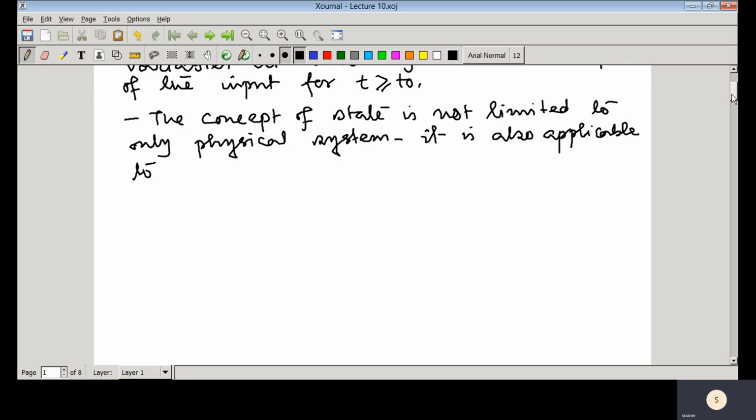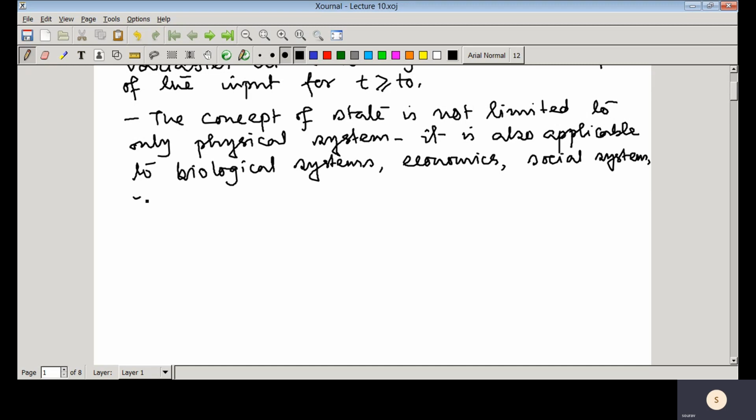It is also applicable to biological systems, economics, social systems, etc. You may think that state variables should always be physical quantities. It is not so. The state variables need not be physically measurable or observable quantities.